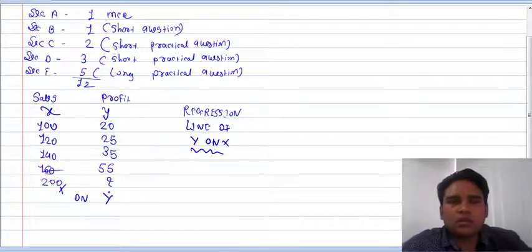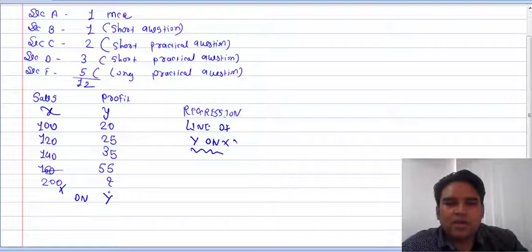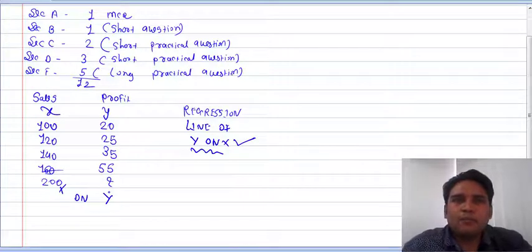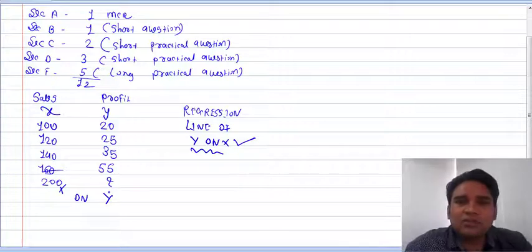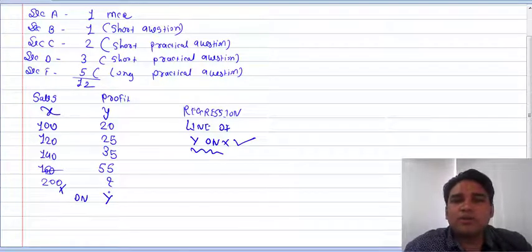Now in your syllabus only the regression line of Y on X is there, but before this, the regression line of X on Y was also there. That means the Y value is known and you have to estimate the value of X. They would give you the value of profit and ask what would be the value of sales.